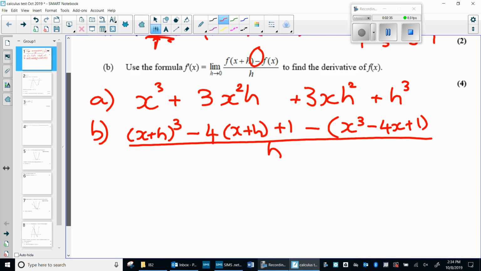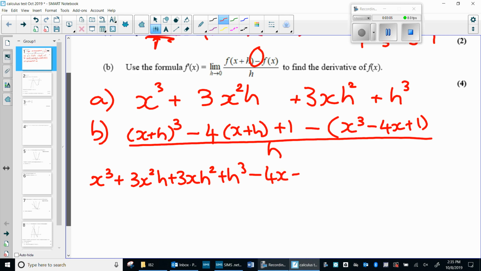Right, so now we actually have to do these things. They asked us to do this in part A. There was a reason for that, so you can go straight into it here. So we've got x cubed plus 3x squared h plus 3x h squared plus h cubed. So that's that. Minus 4x, I'm going to expand it, minus 4h.